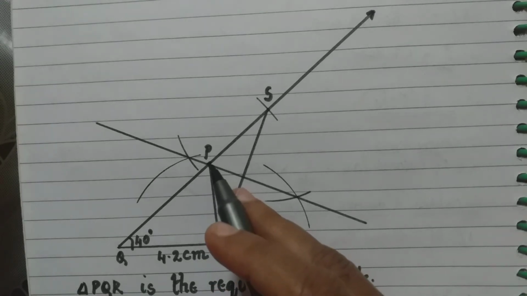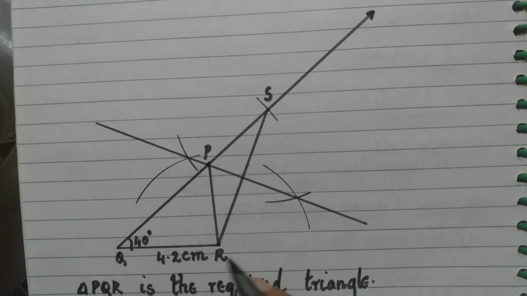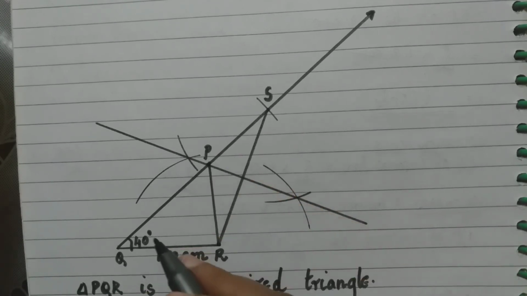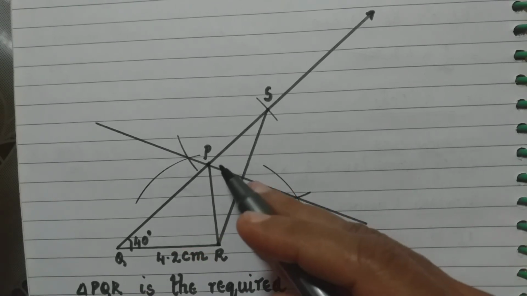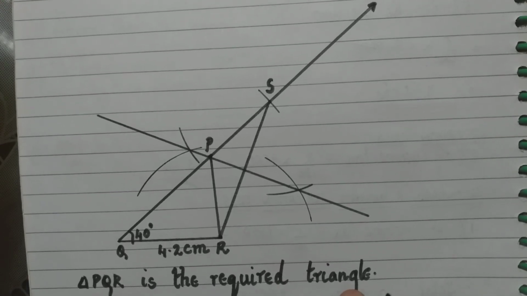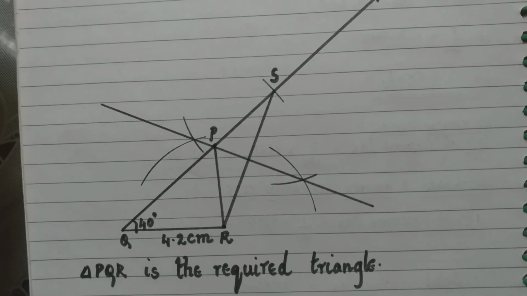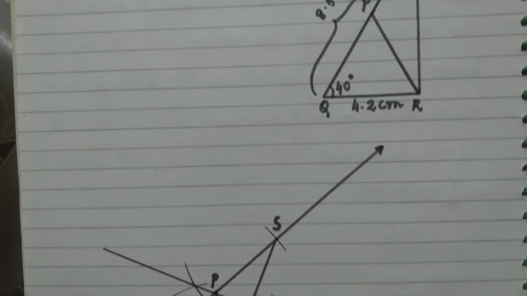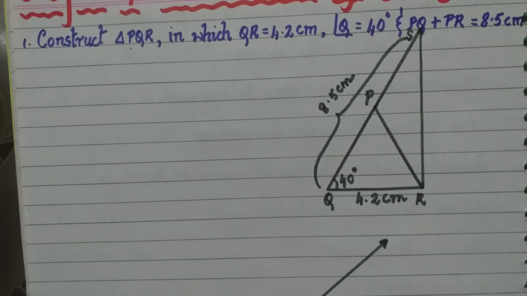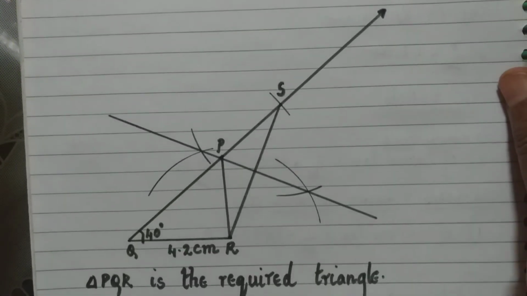So once the third vertex is got, this was not joined. A triangle is formed when all the three sides are joined together. P was joined to Q, Q was joined to R. So we join P to R and form the triangle PQR, and then write triangle PQR is the required triangle. We can confirm also whether our construction is correct by taking this PQ plus PR is 8.5 centimeter.